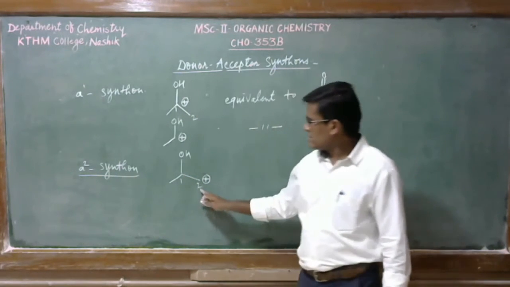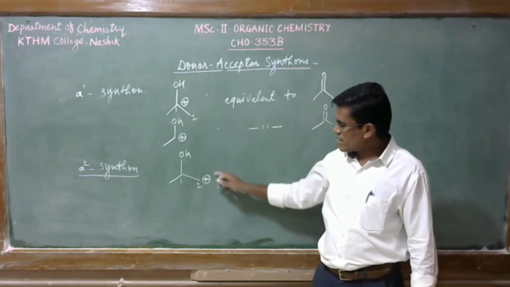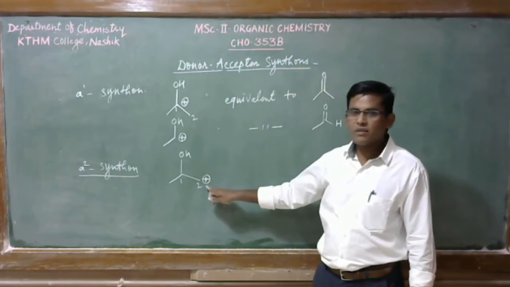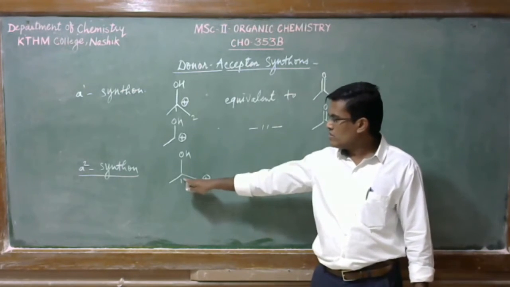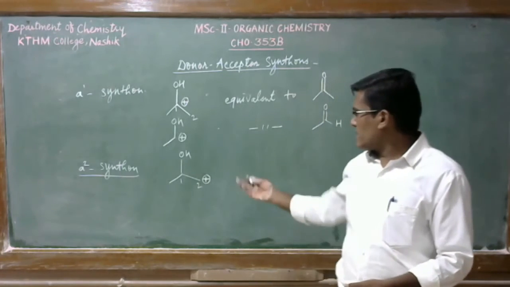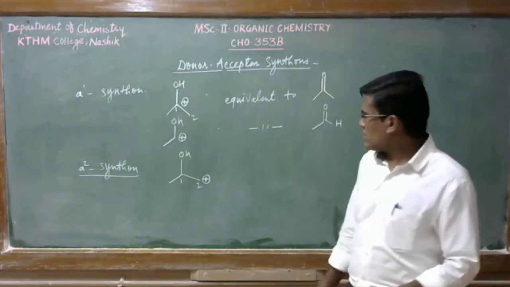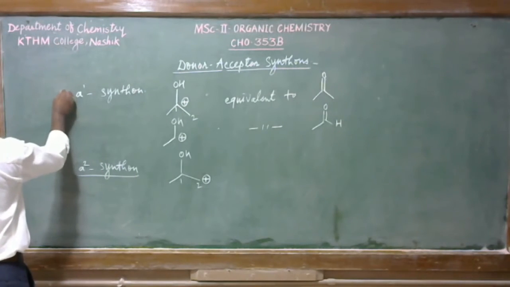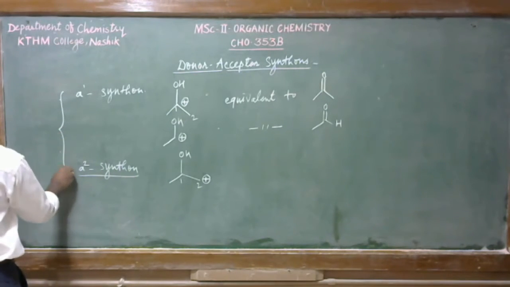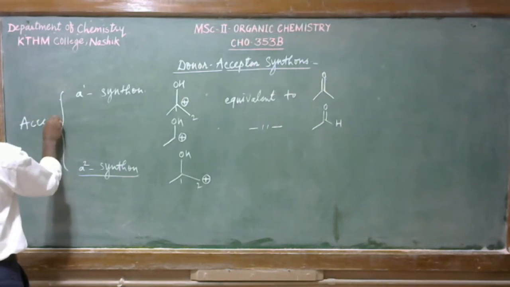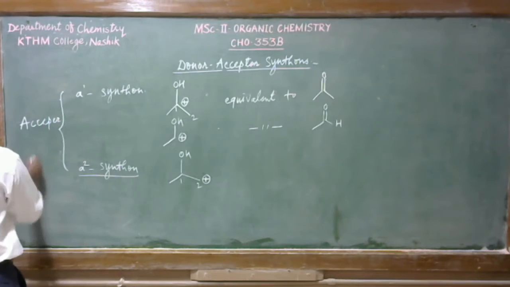So that means this polarized, charged carbon is at the second carbon with respect to this functional group. So this is the acceptor, the A2 synthon. This A1 and A2 are acceptor synthons.